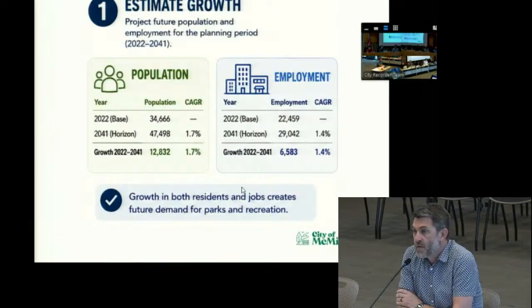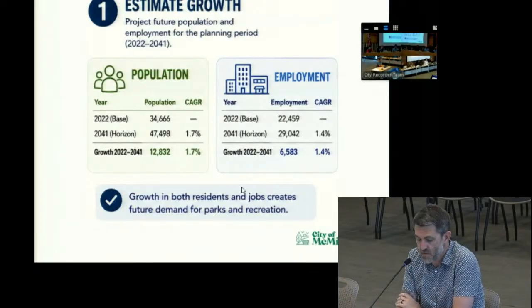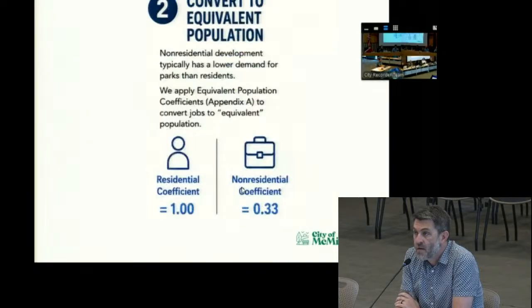So the first part of the methodology is we estimate the amount of growth we expect to see over the planning period of 2022 to 2041. That is the growth in both the population as well as employment. Next, we have to convert that to an equivalent population.